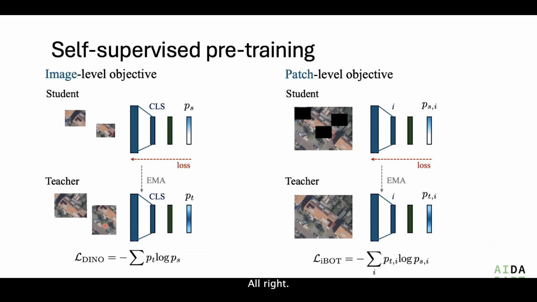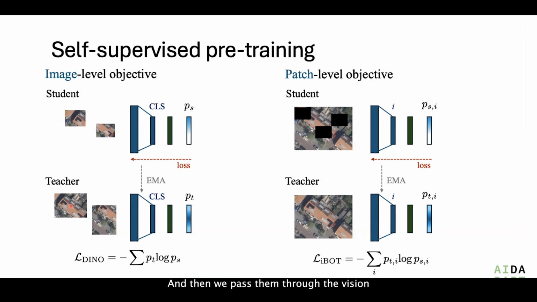All right. And the second part I'd also like to touch upon is the self-supervised pre-training. So how they actually pre-train these transformers. And they follow this student-teacher approach, where you see here we take some global patches or global crops from the image for the teacher, whereas for the student we have maybe smaller ones, more localized ones.